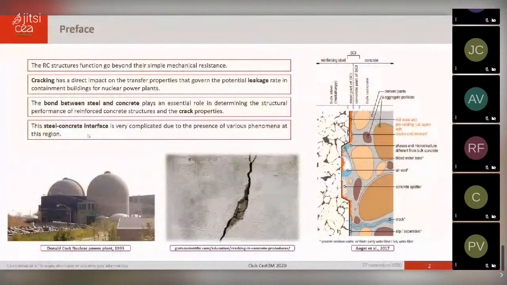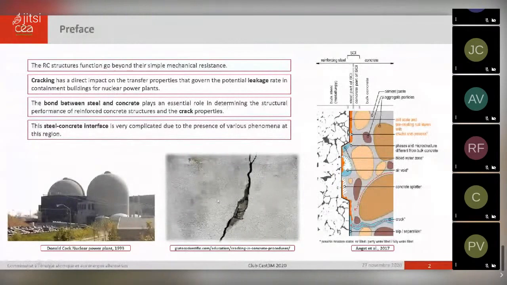RC structures have functions that go beyond their simple resistance, an example being a containment building that contains nuclear power plants. Cracking has a direct impact on the transfer properties that control the leakage rate.